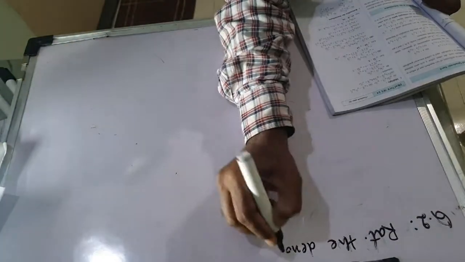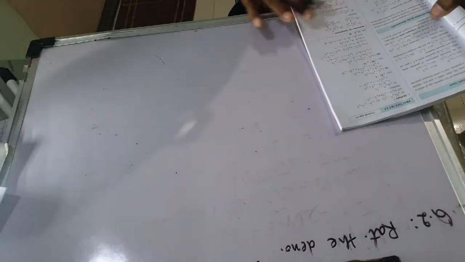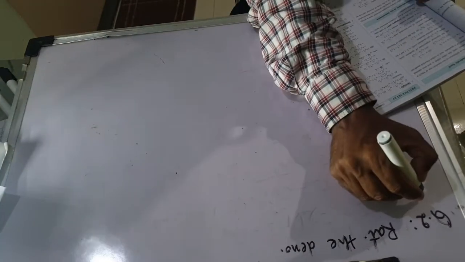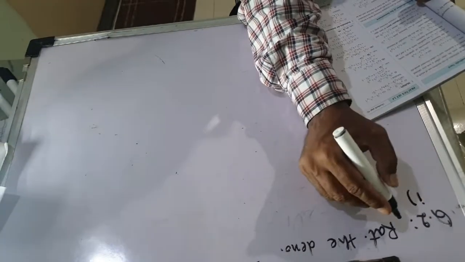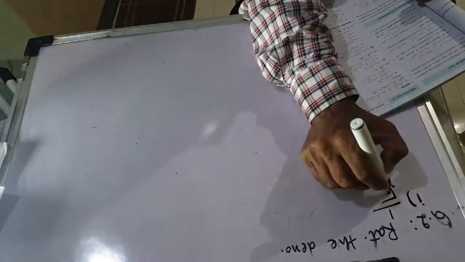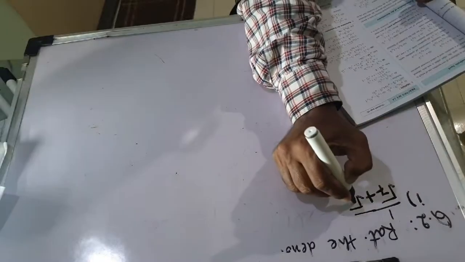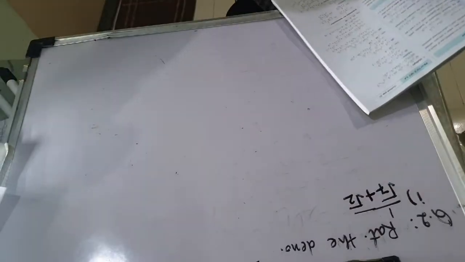First one, number 1, I will take 1 upon root 7 plus root 2. And the question is to rationalize the denominator.